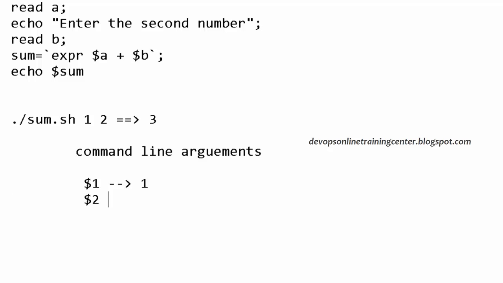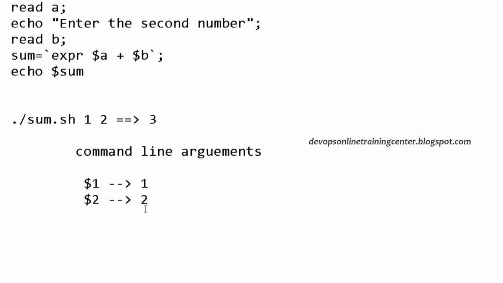If I say $2, it will give the second argument. If I just say expr $1 plus $2, that is equal to the sum of 1 plus 2, right? So $1 will give me the first value, $2 will give me the second value.